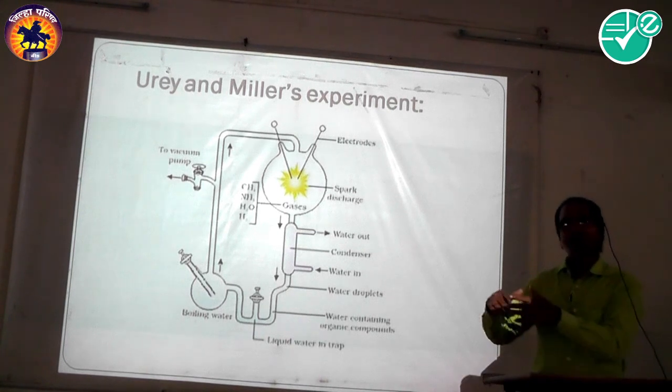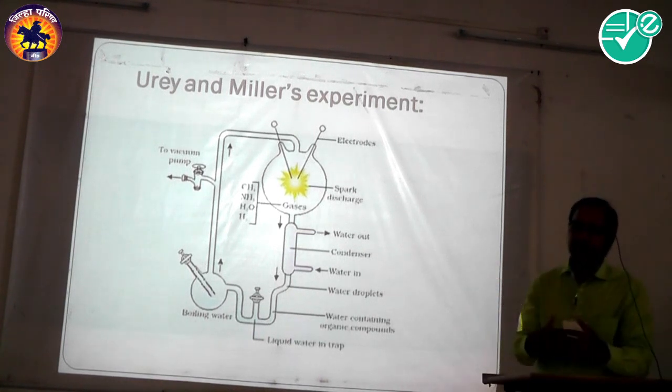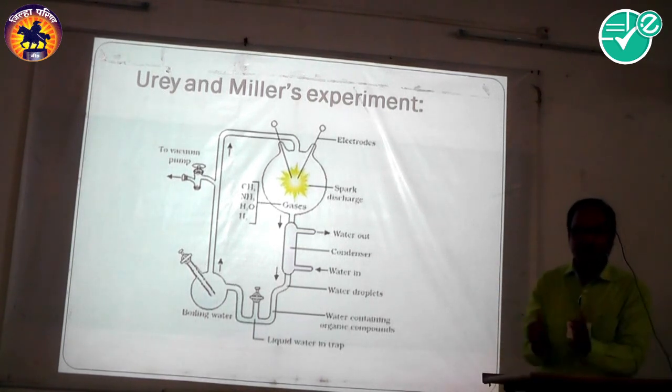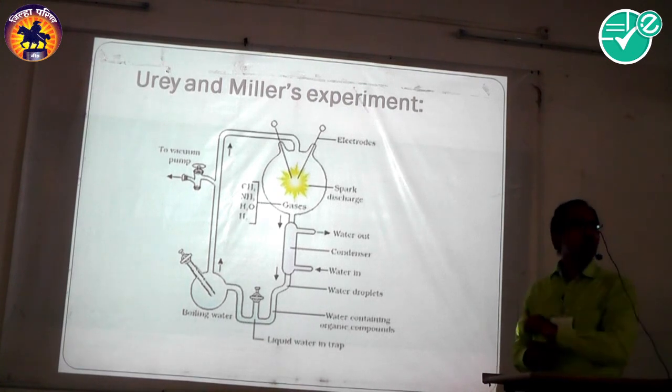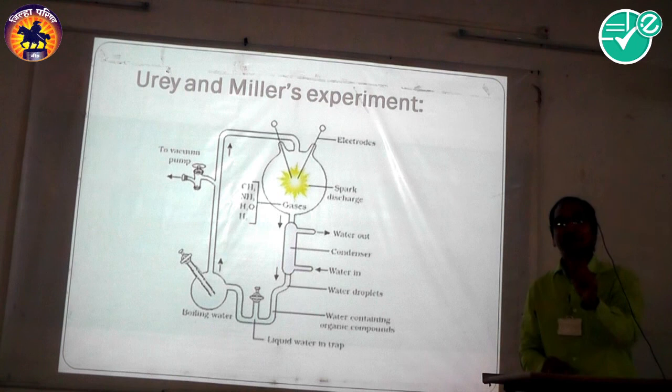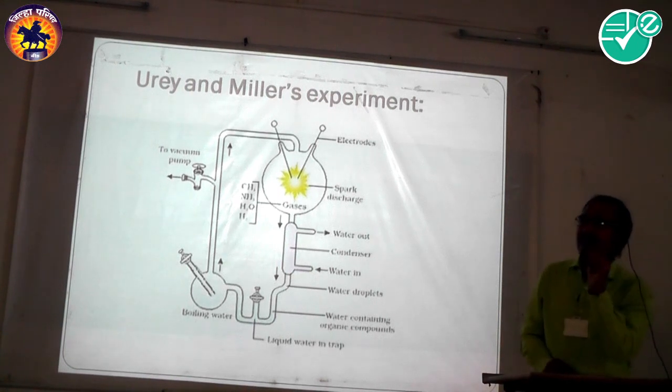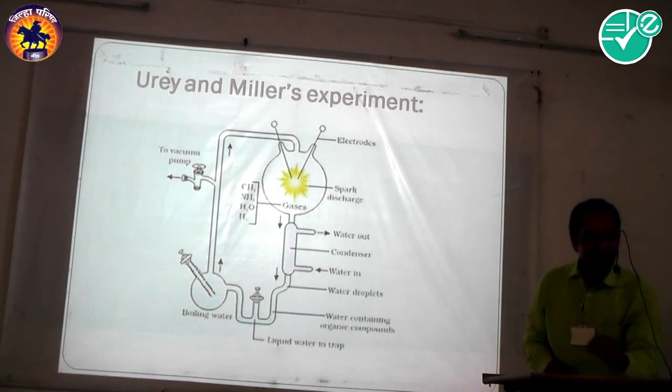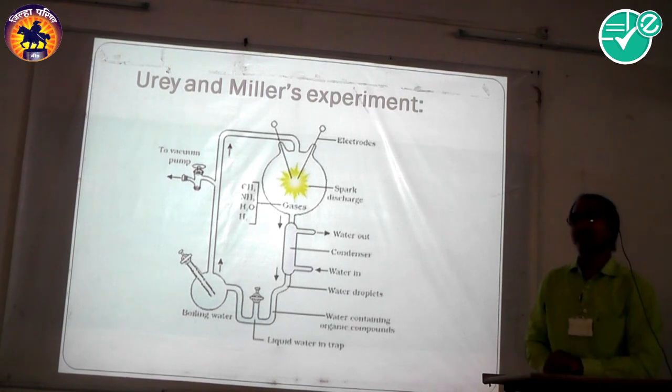From the pre-cell there is the formation of the cell. The first cell is heterotrophic, and as the heterotrophic cells are formed, there is then the presence of oxygen in the atmosphere, and the atmosphere changes from reducing to oxidizing.